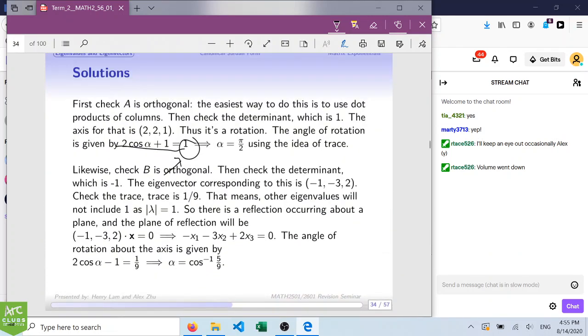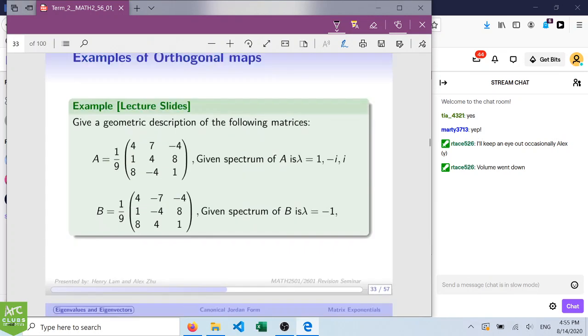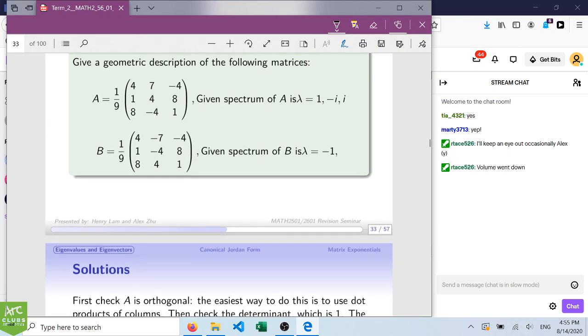I think there's a missing piece of information over here. In fact, there should be a minus 1. There are 2 extra eigenvalues that will be given in the question. Otherwise, you actually cannot solve this.